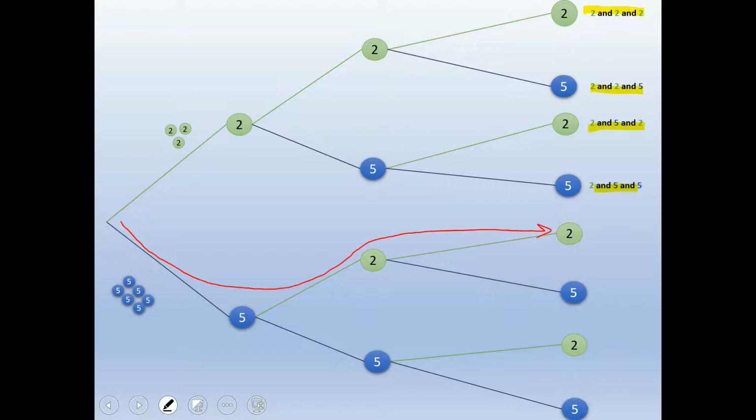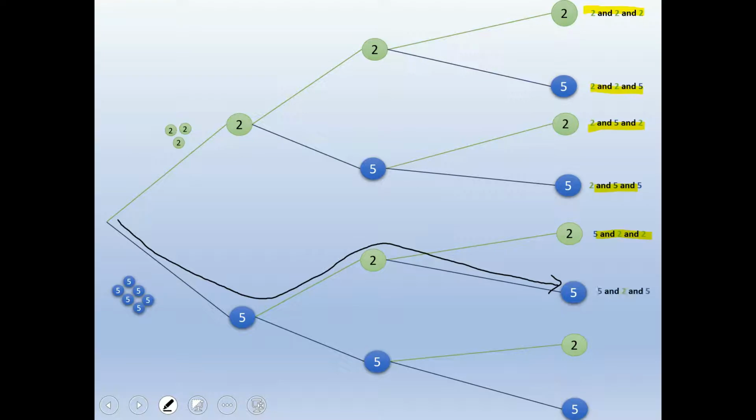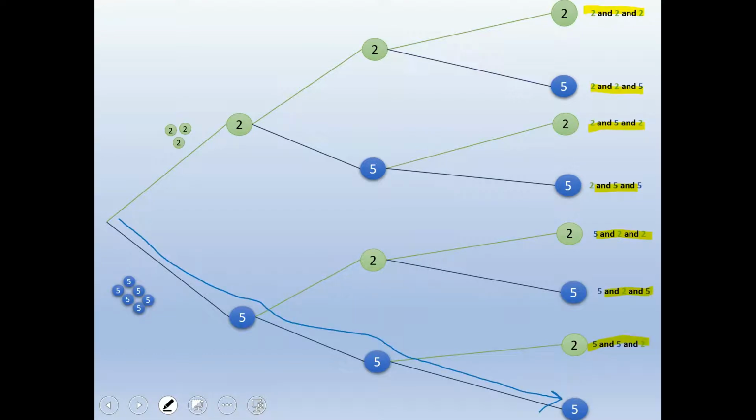The fifth direction is going to be 5 in the first and then 2 and then 2 in the last. While this direction will be 5 and 2 and 5, then we have 5 and 5 and 2. Finally, 5 and then 5 and then 5. So we have 8 different outcomes.